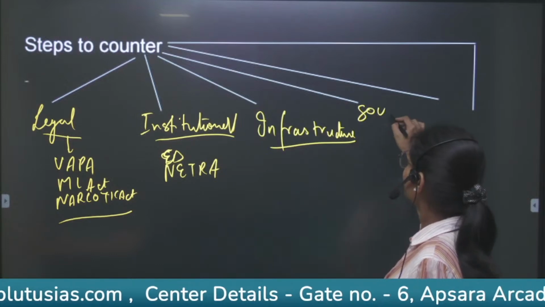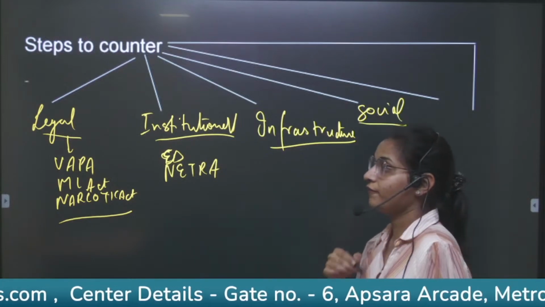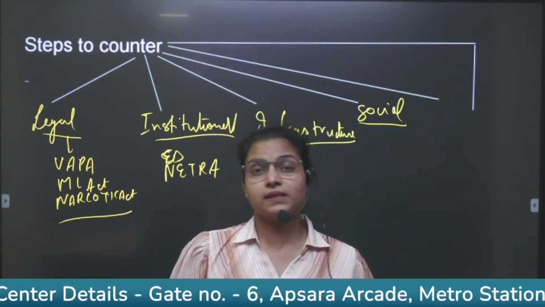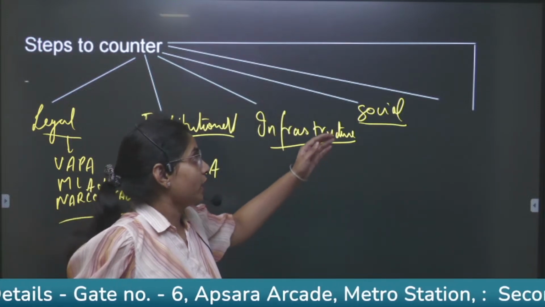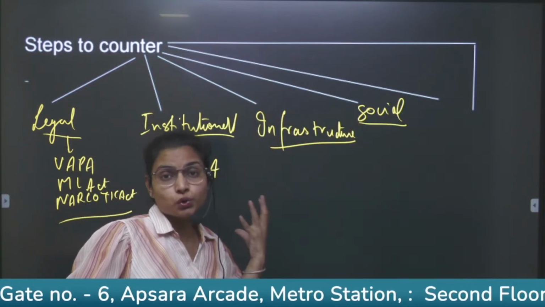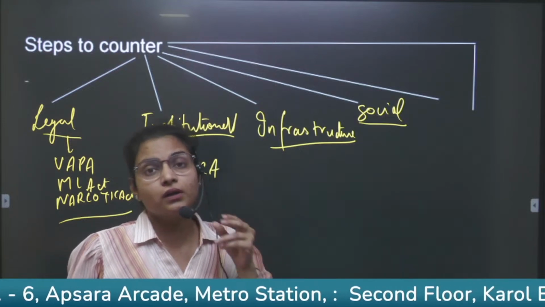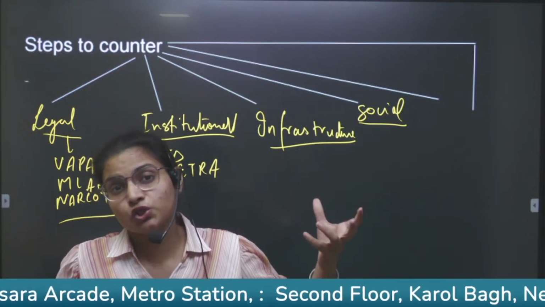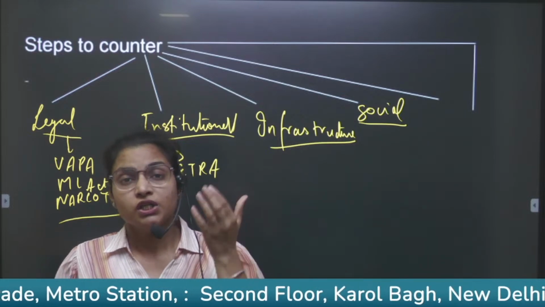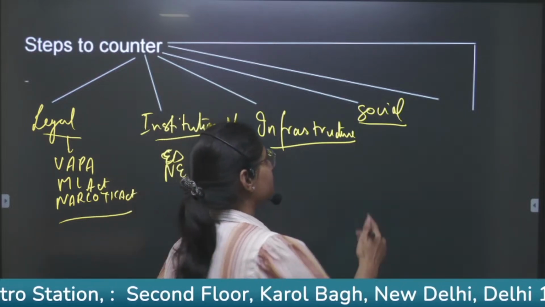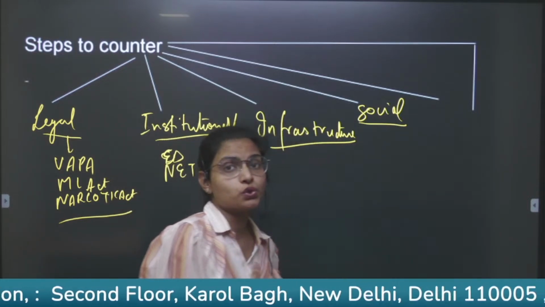Then do mention the social steps, like if any kind of social awareness is being created, or any kind of social persuasion, like the perception management program going on in J&K and the Northeast regions. This kind of program you can write in the social steps.